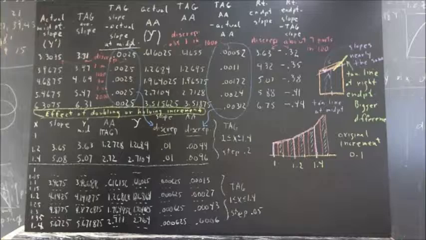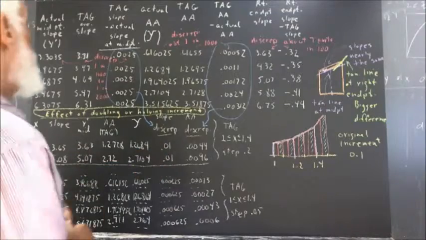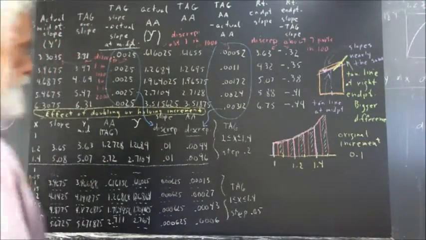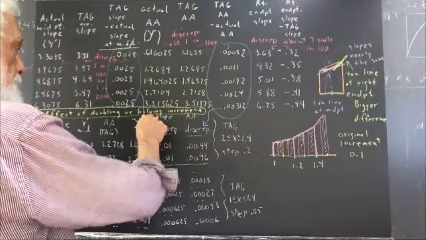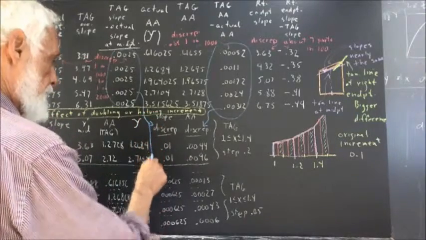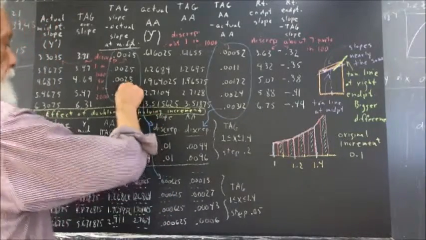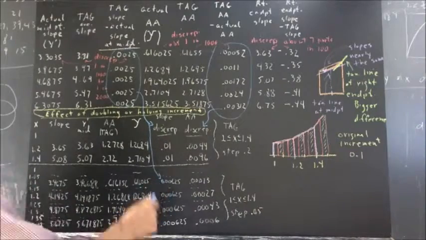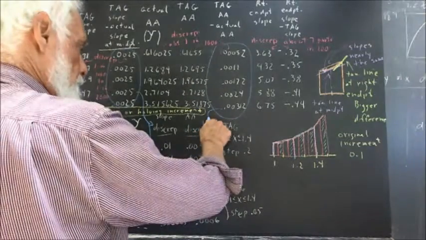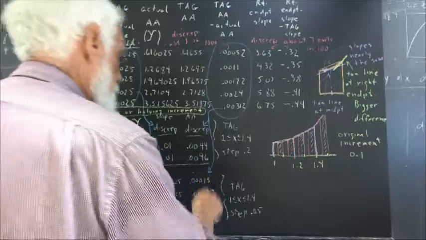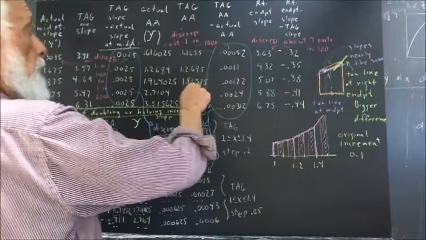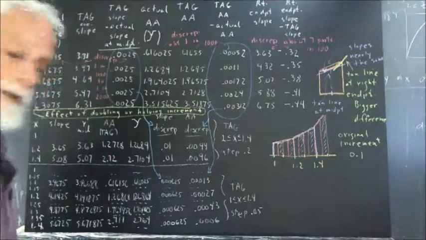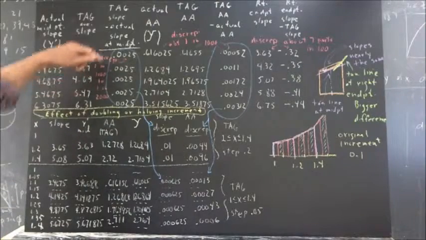Okay, first of all, we would compare our slope discrepancies with the slope discrepancies from this graph. So I would bring this arrow down here so that these numbers would be compared with these, and bring this arrow down here so that these numbers would be compared with these, the area discrepancies. So what happens?